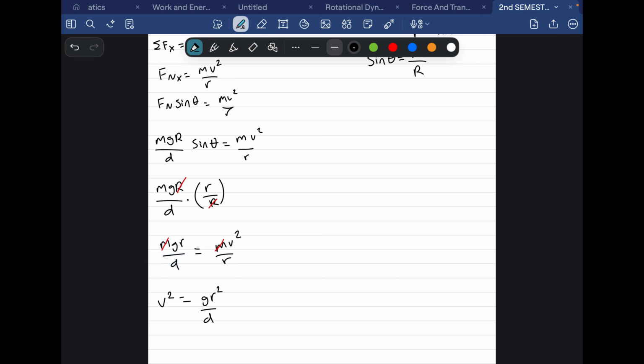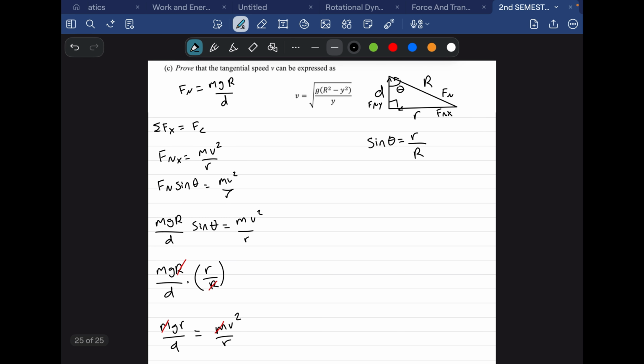But then we want it in terms of capital R, not lowercase r, so we know that in our triangle the hypotenuse, capital R squared, is equal to one leg squared plus the other leg squared, right? So it's d squared plus lowercase r squared. And then if we move it around by subtracting d squared on the other side, we get lowercase r squared to be capital R squared minus d squared, right?